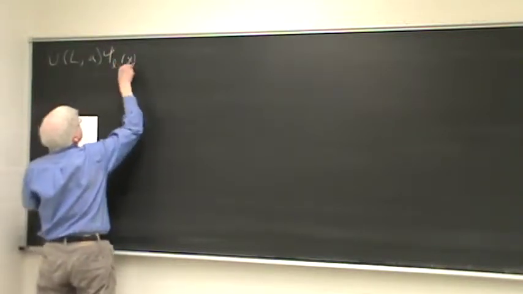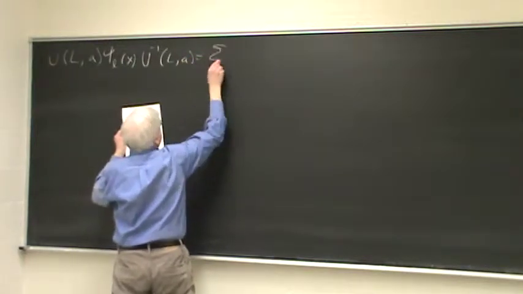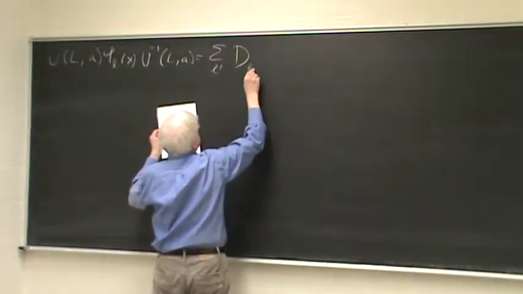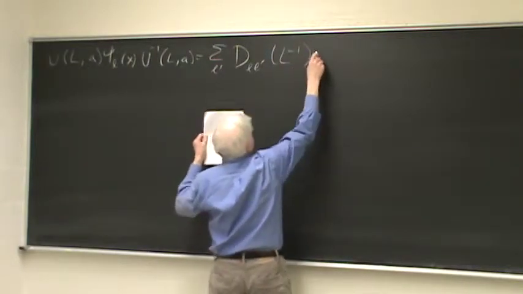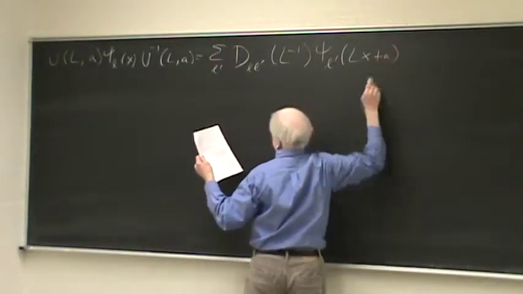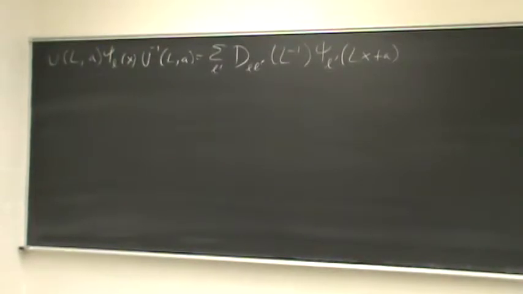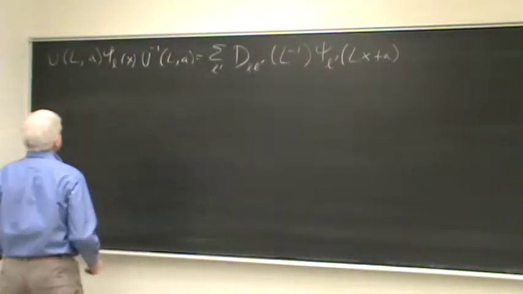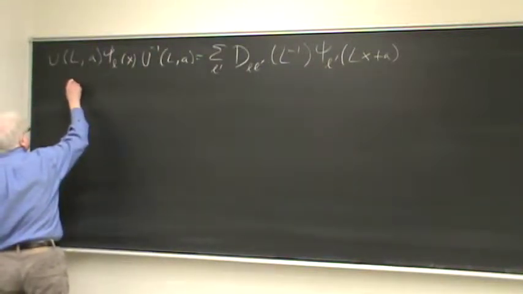And he wants that on some psi L of x, U inverse of L and A, to be a sum on L prime of some representation of the Lorentz group at L inverse psi L prime of Lx plus A. Okay, that's the basic requirement of Lorentz invariance.